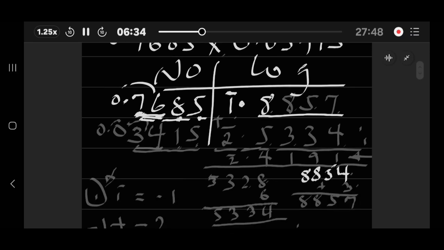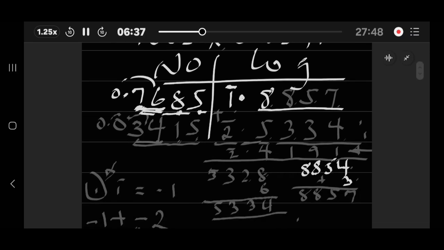What you will do with the 3 is add it up. 4 plus 3, 7. And this is the 5 here. This is your 8 and 8. So I can now write it down there: 8857. Let's move to the second one.